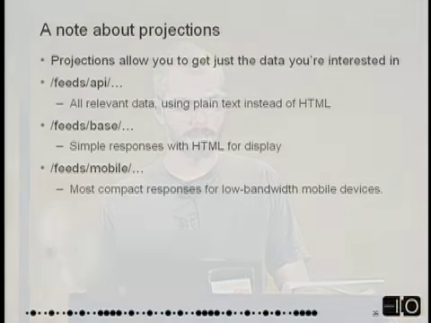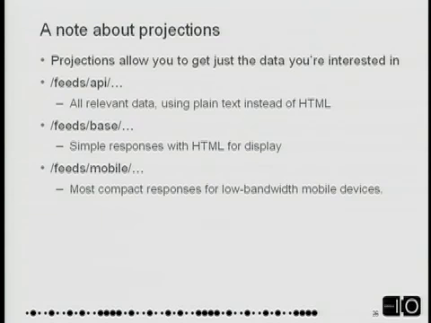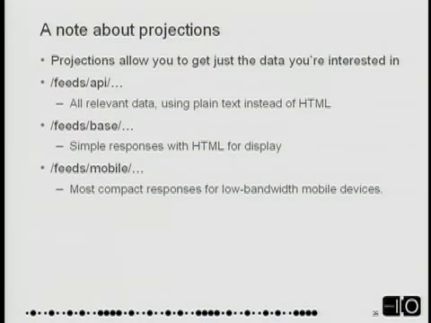One of the things that you've seen in these little code samples is /feed/API. And what we have for the API is different projections. These allow you to get just the information that you care about, or to get the information formatted in the way you want. The most common projection is our API projection. This gives you all of the relevant data for somebody who wants to use the API, but most of the data is formatted as plain text instead of HTML, because we assume that you're going to reformat it on your site when you're doing display.